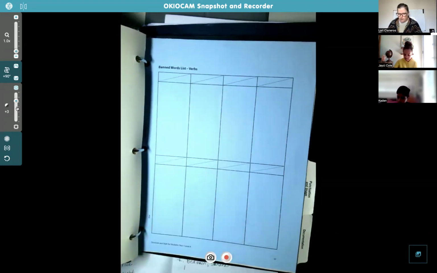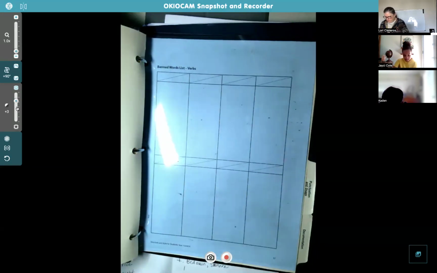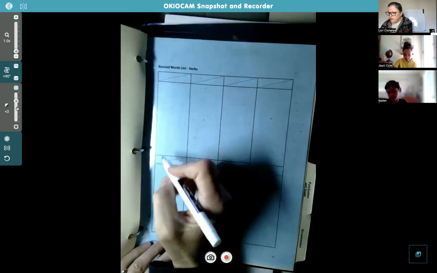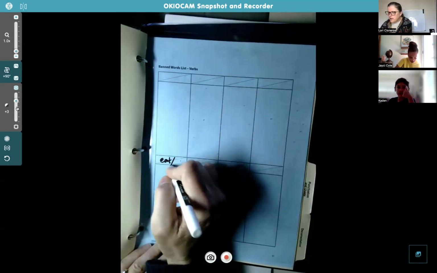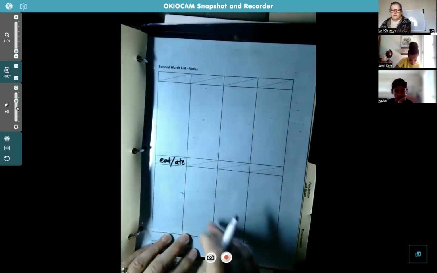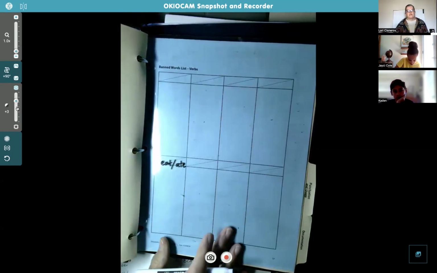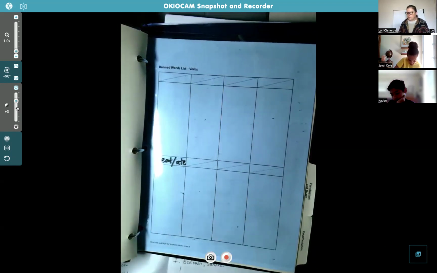Okay, that's what we got to do really quick because I keep forgetting about that one. So at the bottom, we're going to put eat / ate. So now that's a banned word. That means you can't use that anymore in your writing. We had to think of other words that you can use instead of eat, ate, so your writing sounds better.